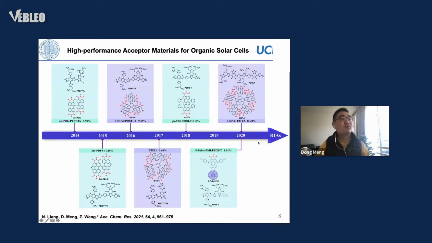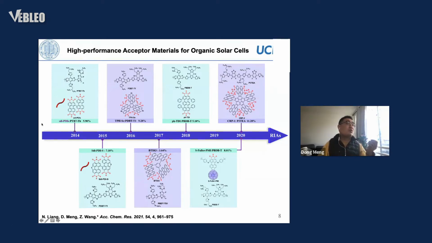Since 2014, my main research has focused on perylene diimides applied in organic solar cells. Firstly, we used single-linked strategies to make twisted configurations, avoiding aggregation interactions and getting better morphologies.